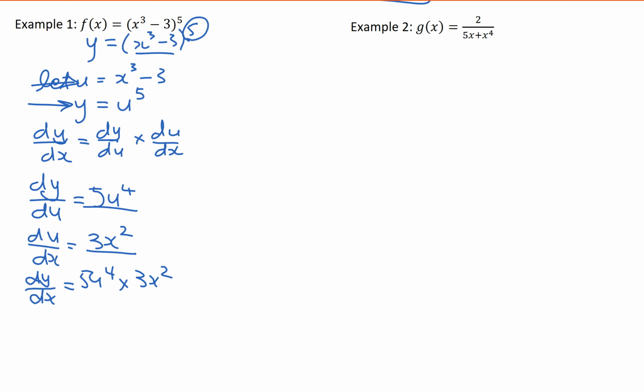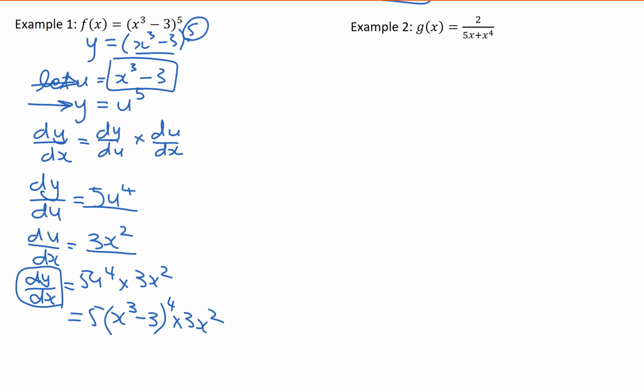Okay, is that my answer? Because I'm differentiating y with respect to x, I've got to have all x's in there, unless it's a parametric function, which we'll get to later on. So I said u was this. So that's 5 lots of x cubed minus 3 to the power of 4 times 3x squared.